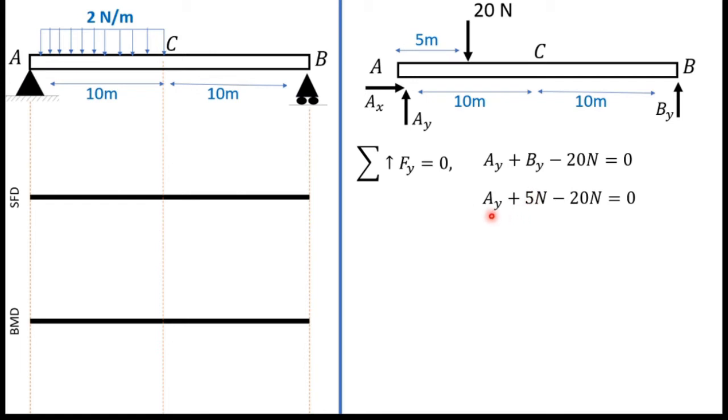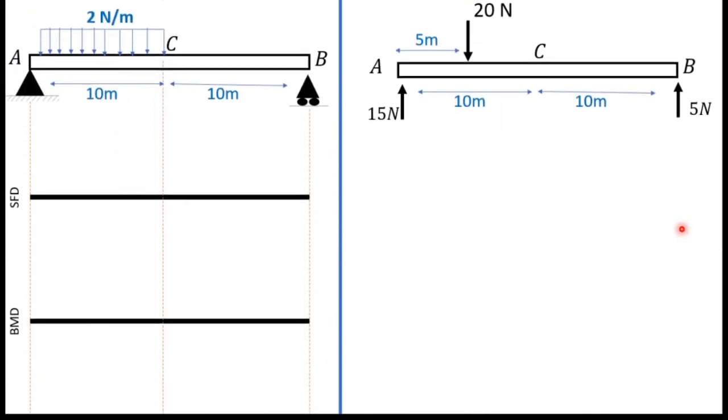So I will have Ay plus 5 Newton minus 20 Newton. Then I can simplify this and get Ay equals 15 Newton. Now I can draw the complete free body diagram. So you can see these are the forces which I found before.